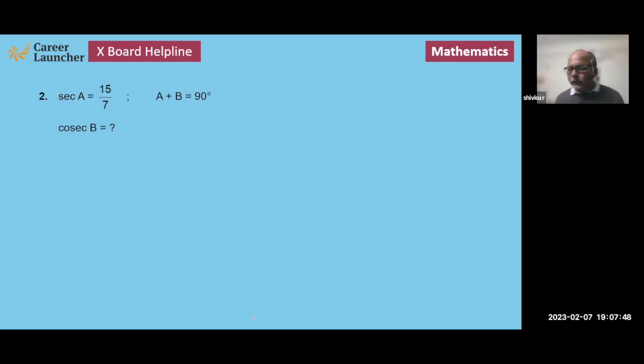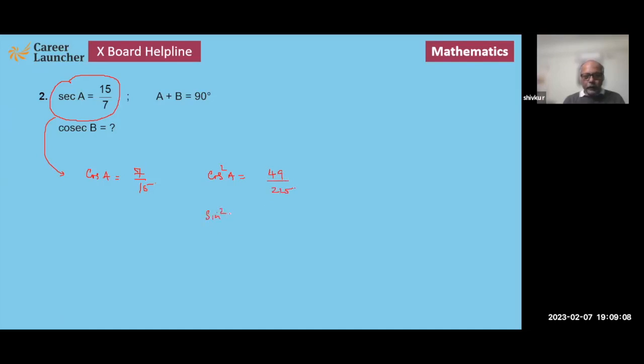Secant A is 15/7, A plus B is 90 degrees, cosecant B is equal to how much? This is a fairly simple question. Let me write this: cos A is equal to 7/15, because secant A is 15/7. Cos squared A is equal to 49/225.